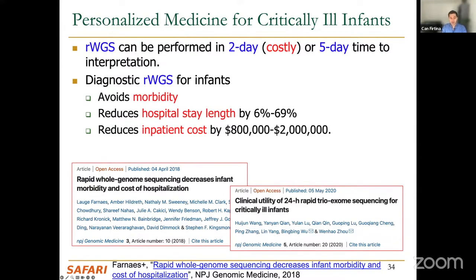And this is also known as rapid whole genome sequencing, or RWGS. Whole genome sequencing would mean you're sequencing the entire genome. And this essentially means that we want to do this analysis extremely quickly, of course, because this is life critical, and then some answers should be given extremely fast.